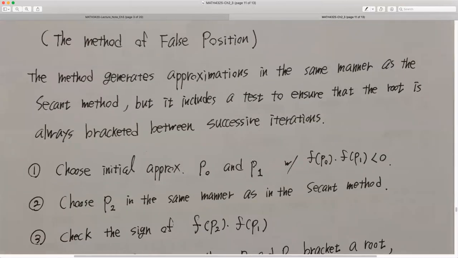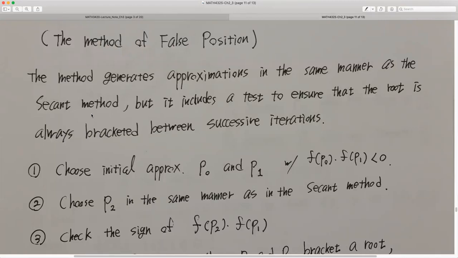This method generates approximations in the same manner as the secant method. Why do we have to use the secant method instead of Newton's method? I don't want to find f prime. In the examples and toy problems, it's easy to find f prime, but in the real world, it's really expensive.